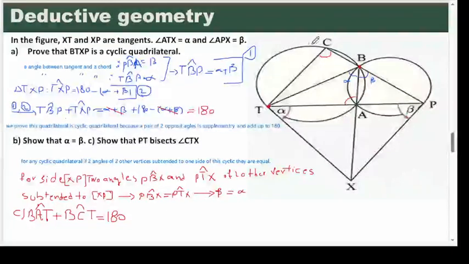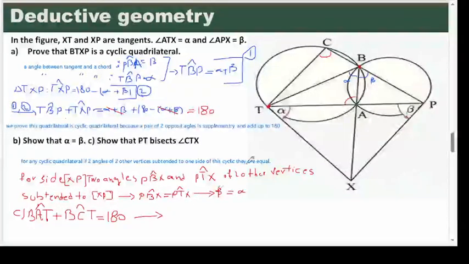That means it splits the circle into arcs that cover 360. So these angles add up to 180.